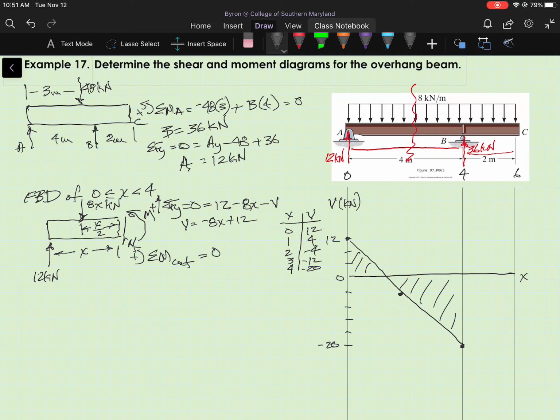I have the 12 kilonewton force. Its moment about the cut is minus 12x. The distributed load, concentrated force of 8x, its moment about the cut is 8x times x over 2. And then we have M. All that equals 0.